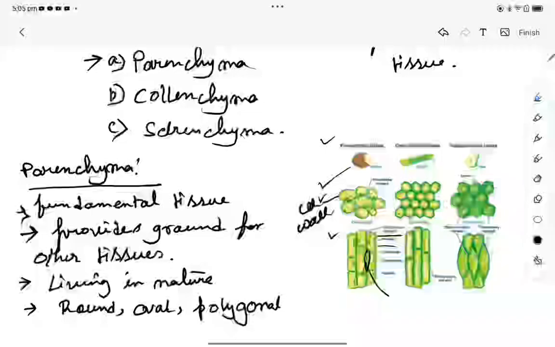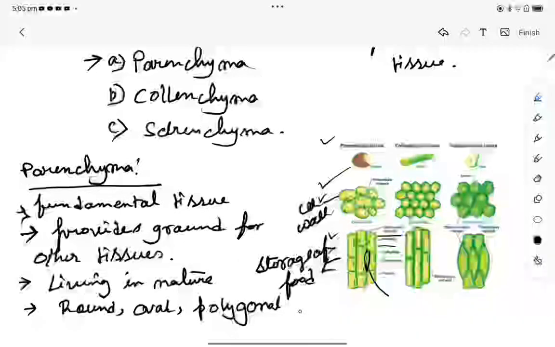Their main function is storage of food. So they act like the refrigerator of our house, right? Storage of food, water, gas, photosynthesis, right? And they are mostly present everywhere in a plant.